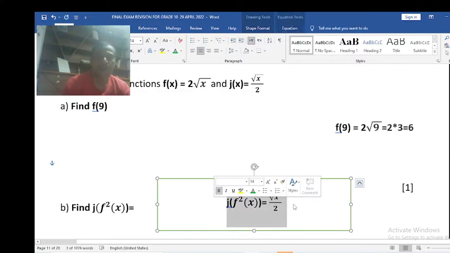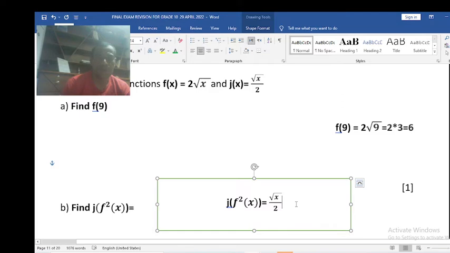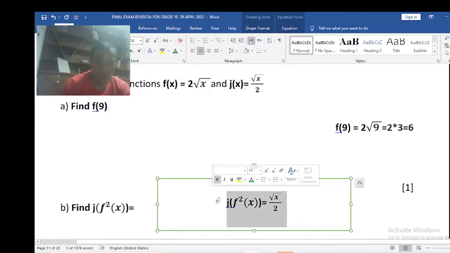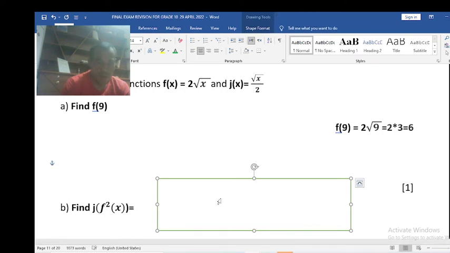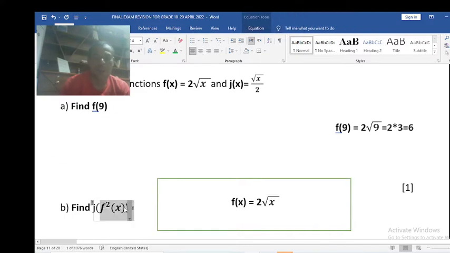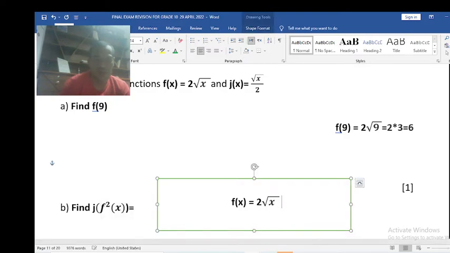I will square this number. So f squared of x equals, I will square both sides, 4x. This is my function f after squaring it.